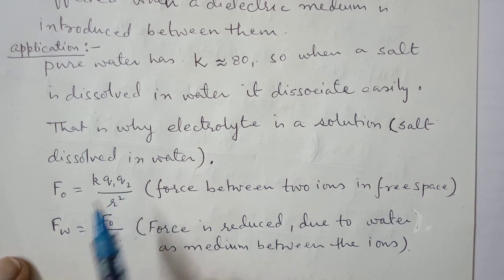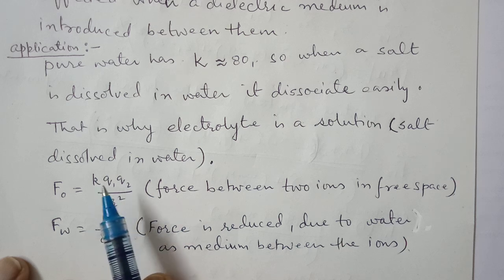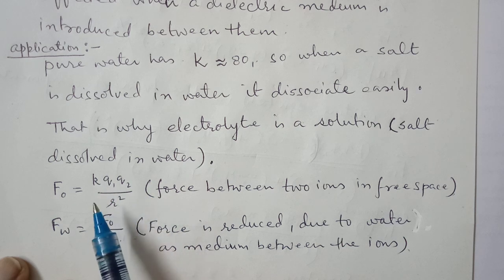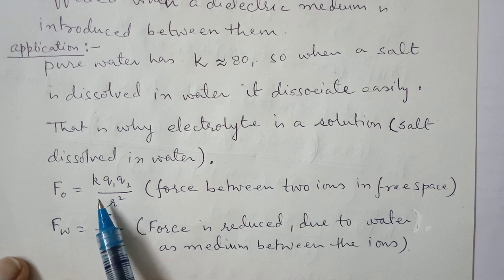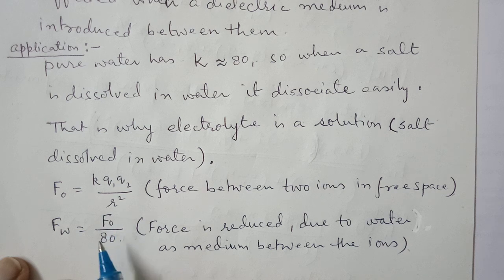But as soon as water is introduced, in the denominator of K Q1 Q2 upon R square the dielectric constant gets introduced, and hence Fw becomes F naught by K. This force between the two charges has drastically decreased by this particular term, and hence in such a situation the dissociation of the ions becomes easy, and hence often the electrolyte is in the form of a solution.